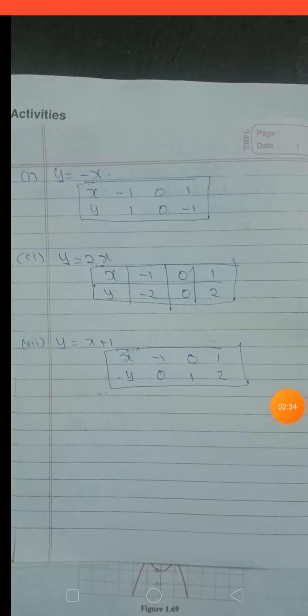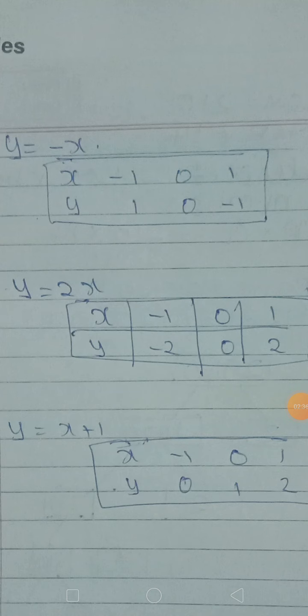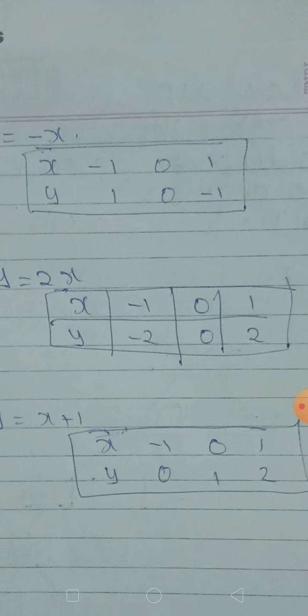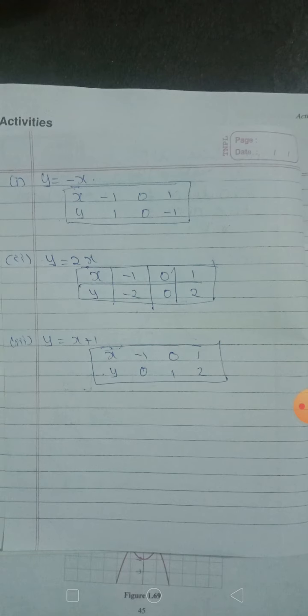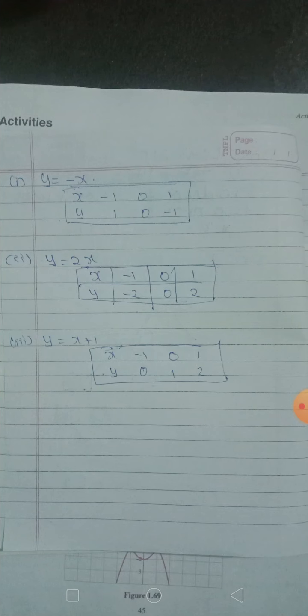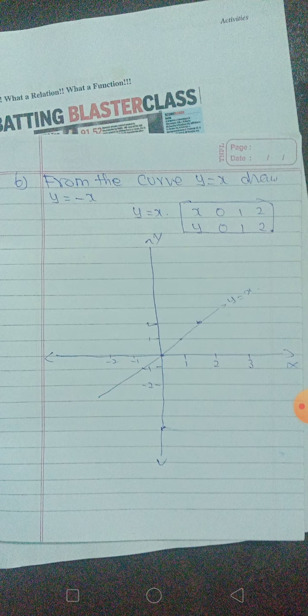And the next question is y is equal to 2x. So in the same graph we need to draw y is equal to 2x. Listen, if I put x value minus 1, this is the y is equal to x graph.